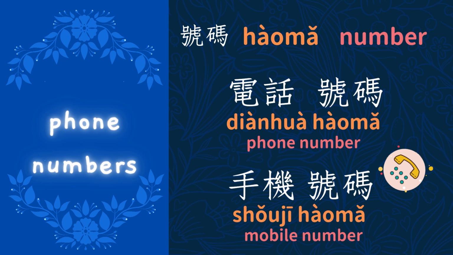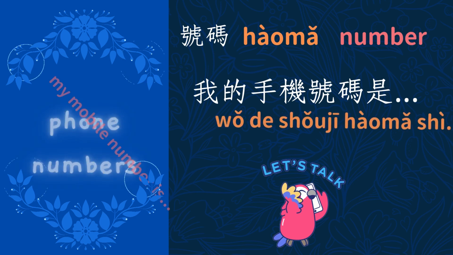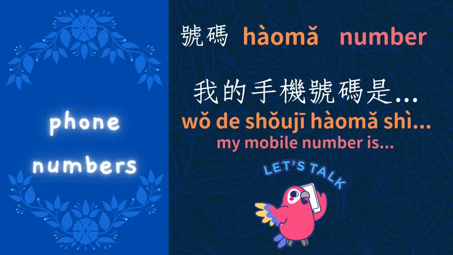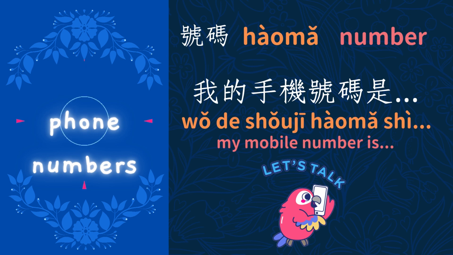手机号码。The sentence to talk about my number is 我的手机号码是。And put a number after it.